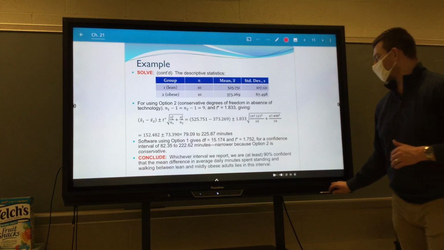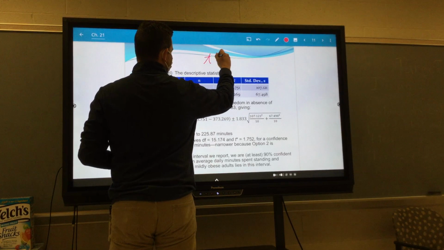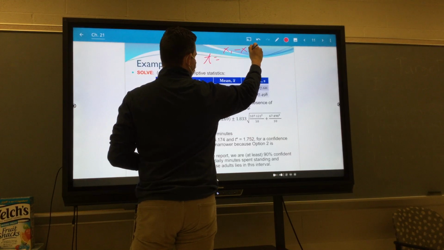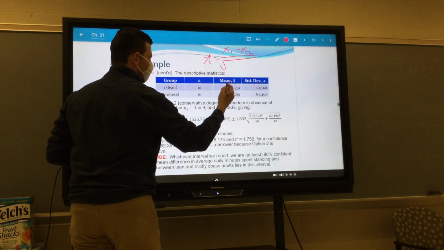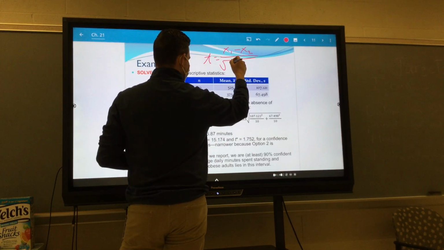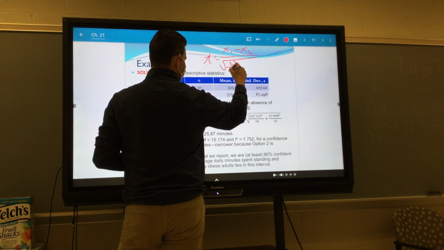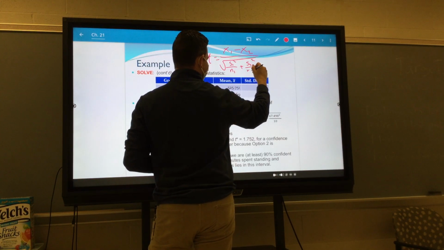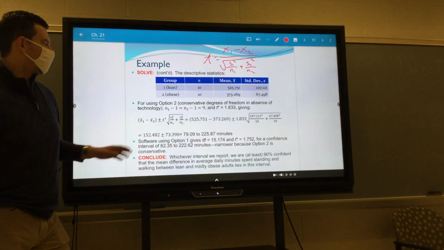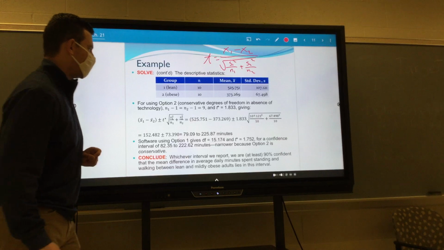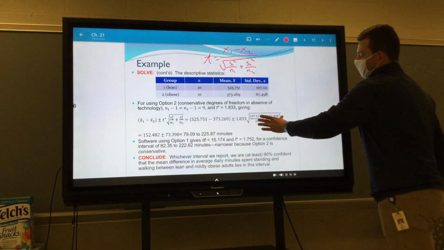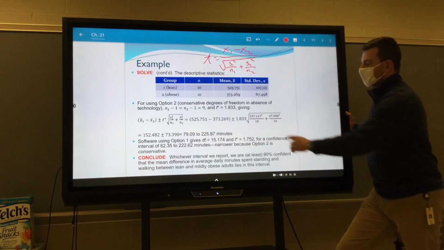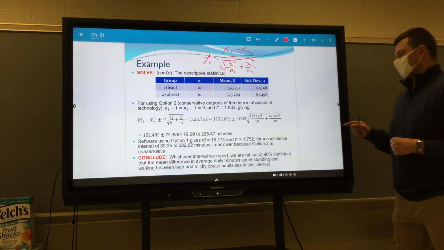I'm sorry, that's part for our measure of variability, our standard error right here: the square root of sample standard deviation 1 squared over n1 plus sample standard deviation 2 squared over n2. You're doing all of this as part of that calculation. For this t star, we are going to the chart.